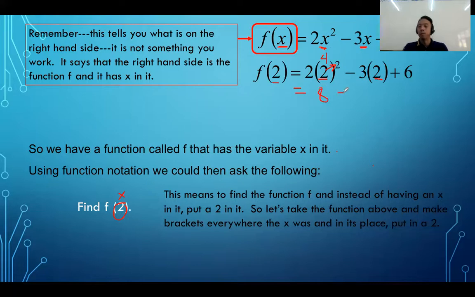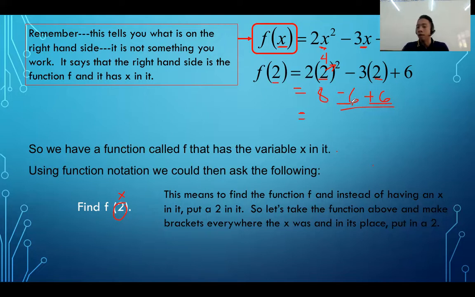Minus 3 times 2. That is 6, so minus 6 plus 6. We need to simplify it again. What is negative 6 plus 6? They are contradicting each other. This one is positive 6, negative 6.